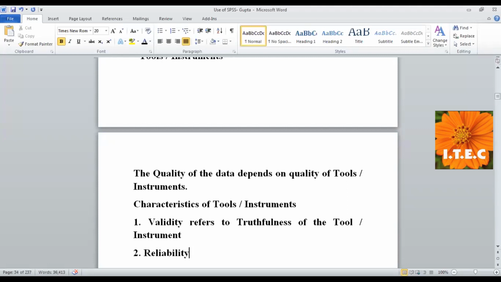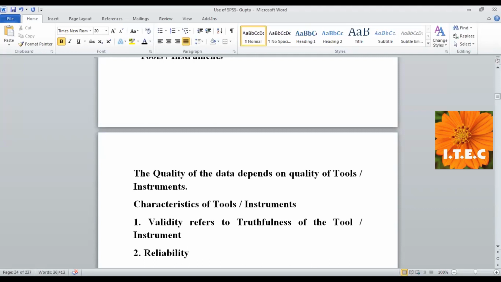Why? Because if you administer the same test on the same set of students again and again, you will find that their scores will differ. And when their scores differ, that means this particular tool is not reliable.